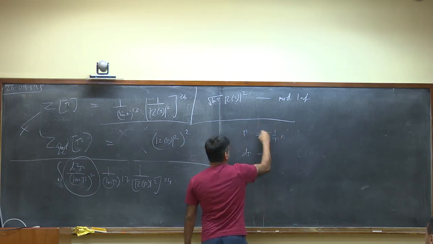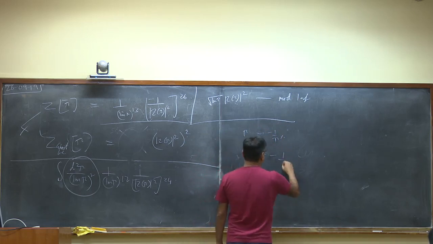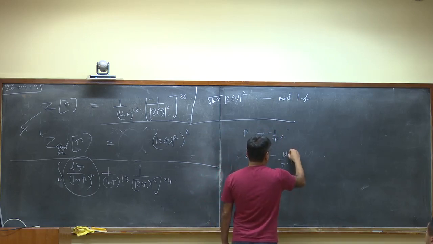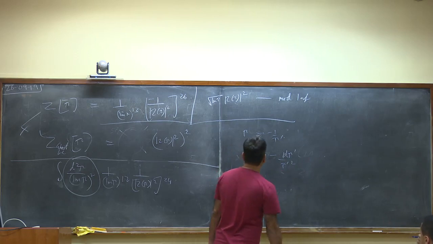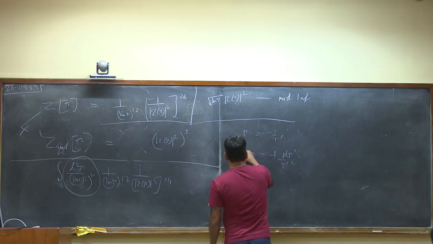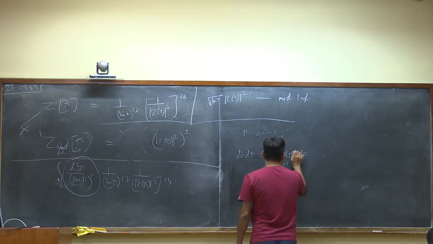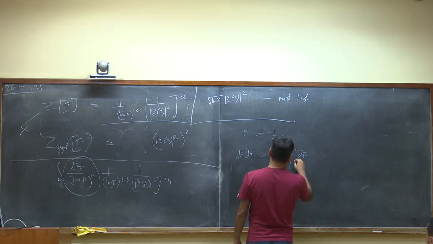Let's say tau is equal to minus 1 by tau prime, then d tau is equal to plus d tau prime divided by tau prime squared, and so d tau bar is d tau bar prime divided by |tau prime| to the 4.